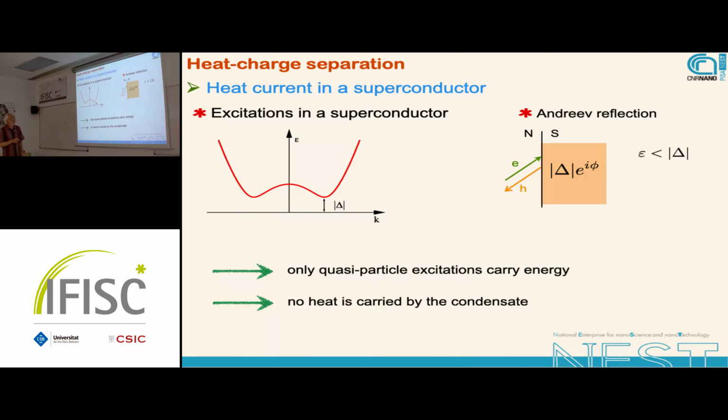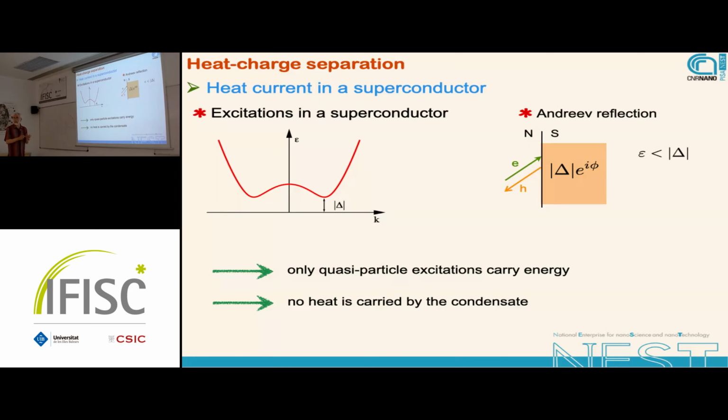Andreev reflection is a process in which an electron which impinges on the interface returns back, instead of as an electron, as a specular reflection, as a hole having the opposite charge of the electron. This is basically like saying a pair of electrons entering the superconductor. So in a superconductor, below the gap, no heat current can flow, but charge current can flow.